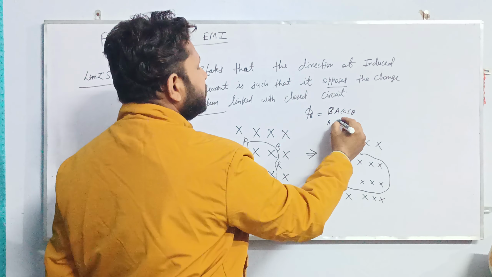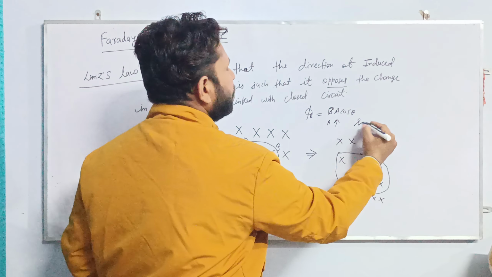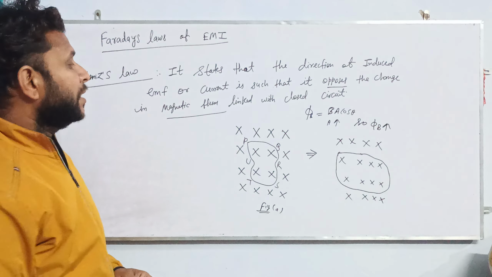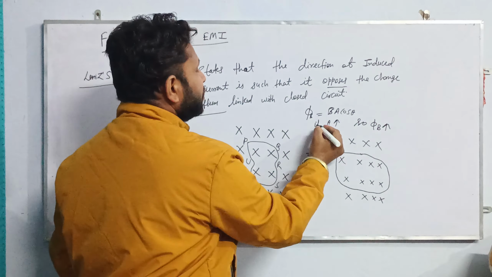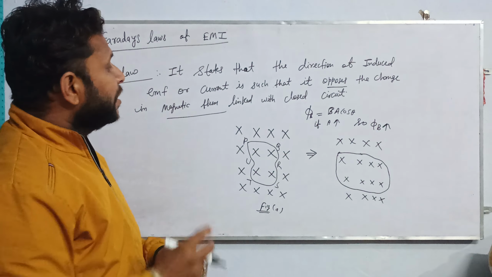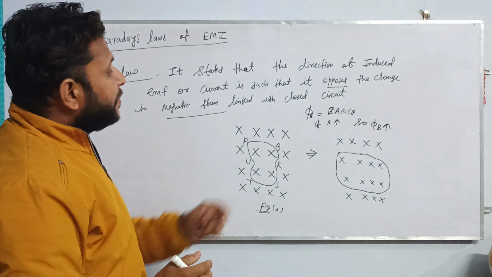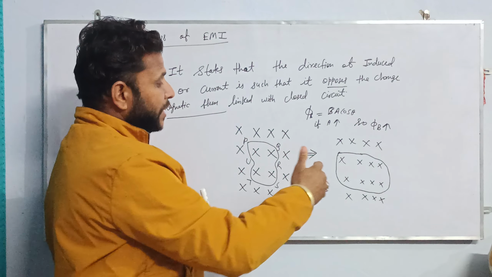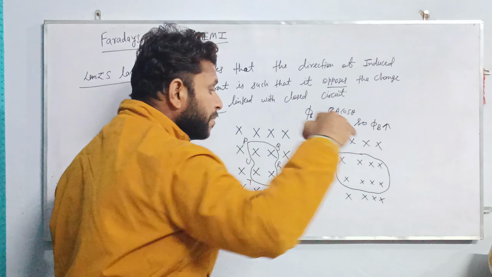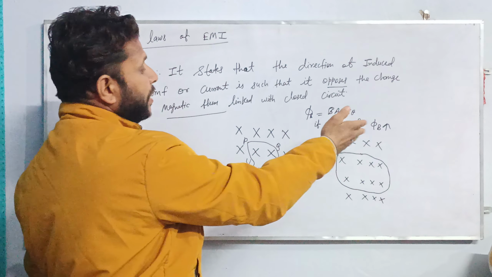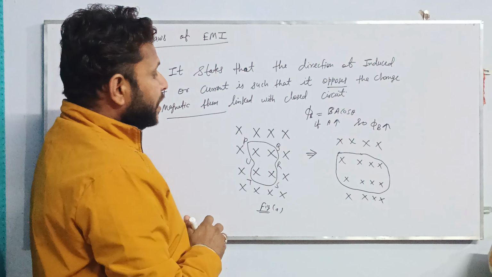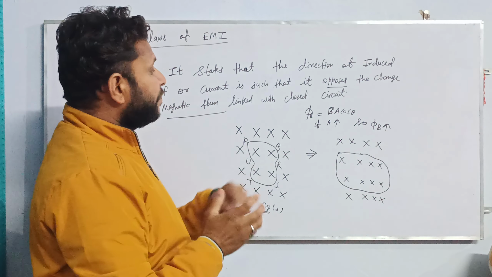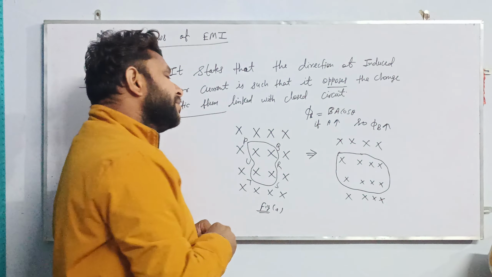Here A is increased, so magnetic flux also increases. If area increases, then the number of magnetic field lines covered by the area of the coil increases, so magnetic flux increases.